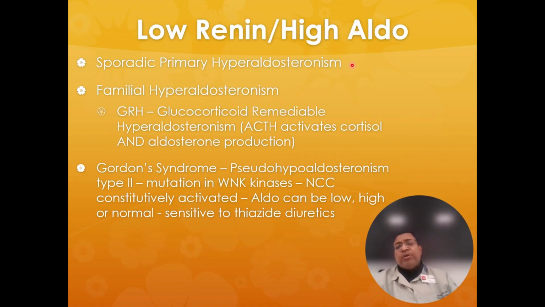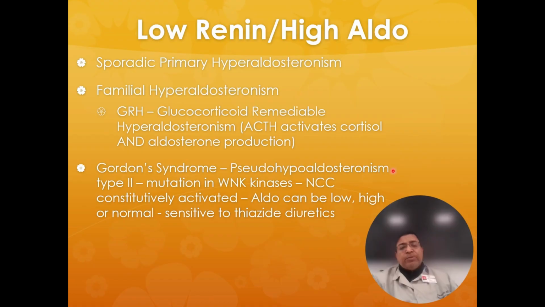The focus of this talk is not on monogenic or rare forms of hypertension, so I will not delve into the details of monogenic or rare forms of hypertension, such as familial hyperaldosteronism, which would also manifest the low renin high aldo phenotype. In glucocorticoid-remediable hyperaldosteronism, ACTH activates cortisol and aldosterone production.